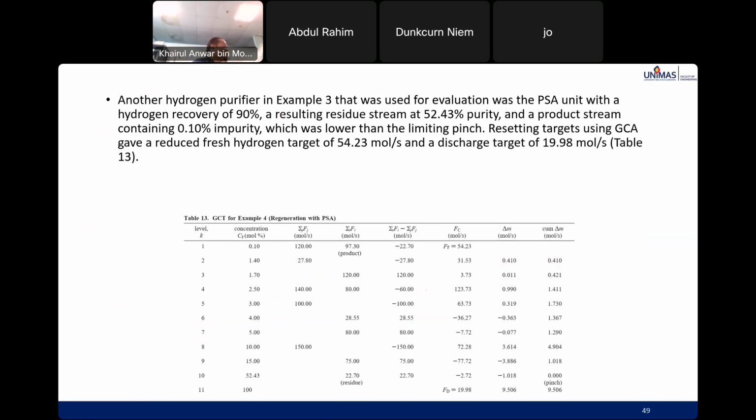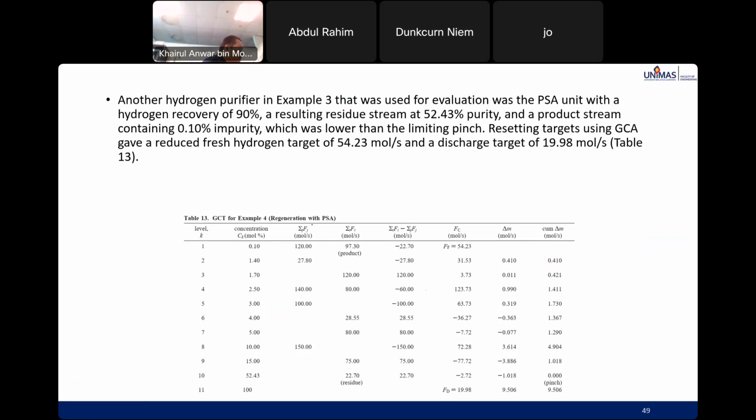Another hydrogen purifier in example 3 that was used for evaluation was the pressure swing adsorption unit with hydrogen recovery of 90%, resulting in a residue stream at 52.43% purity, and the product stream contains 0.1% impurity.